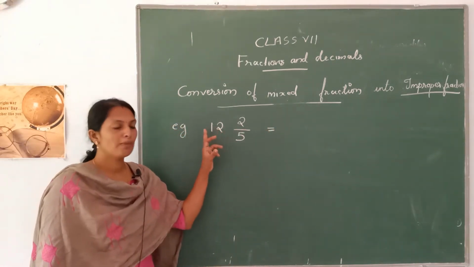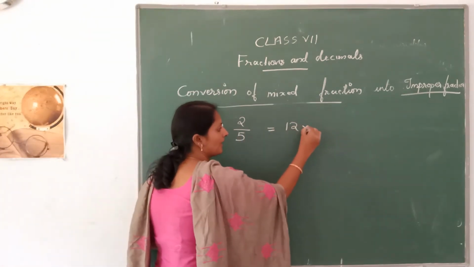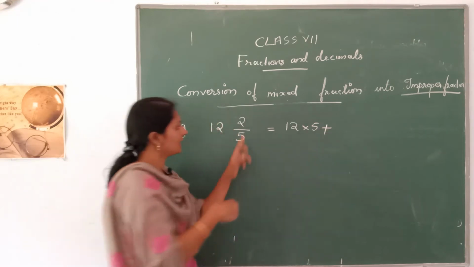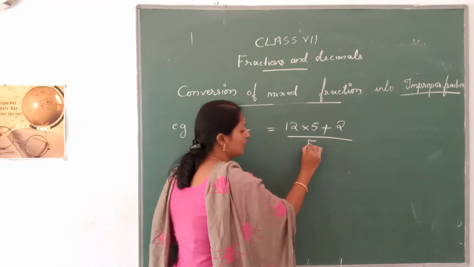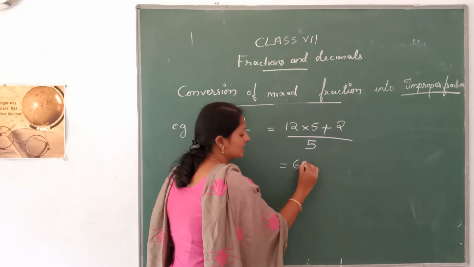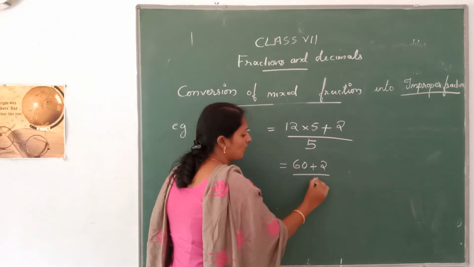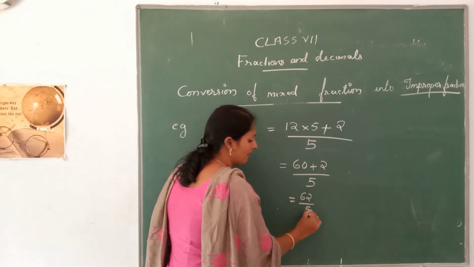That time we will multiply the whole number by the denominator, that is 12 by 5. Then add the numerator 2, whole divided by the same denominator, that is 5. 12 5s are 60. 60 plus 2, whole divided by 5, that is 62 divided by 5.